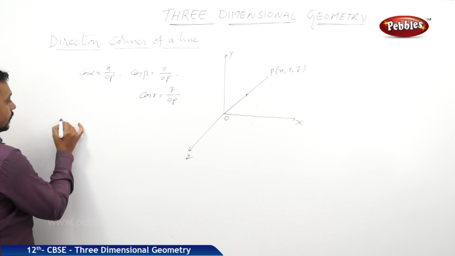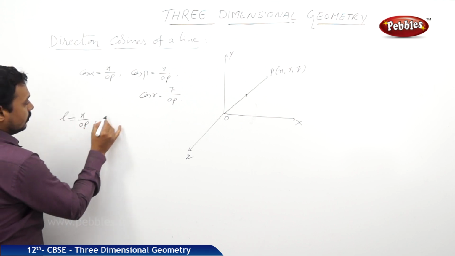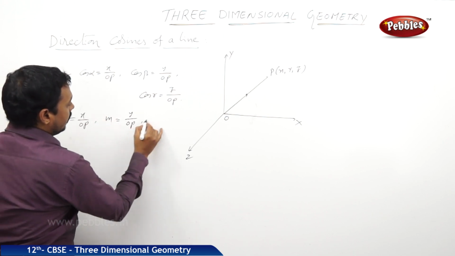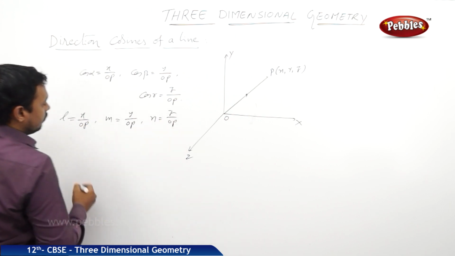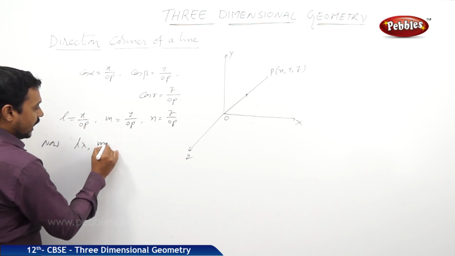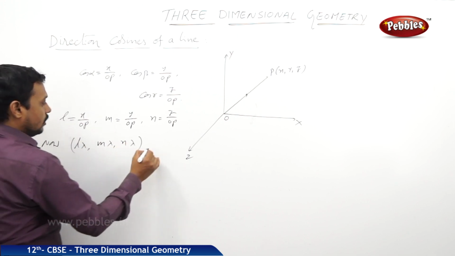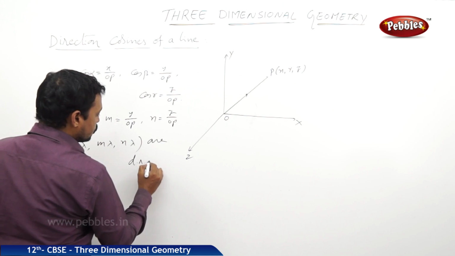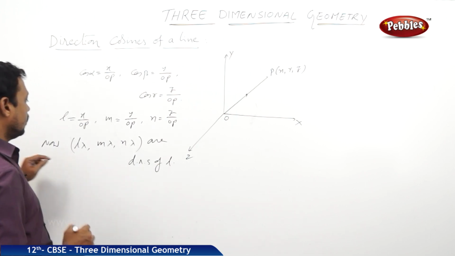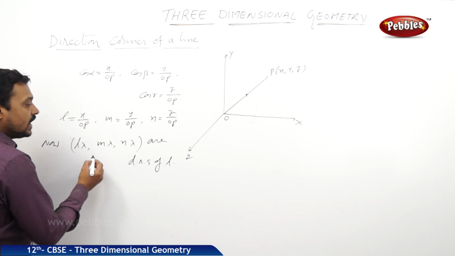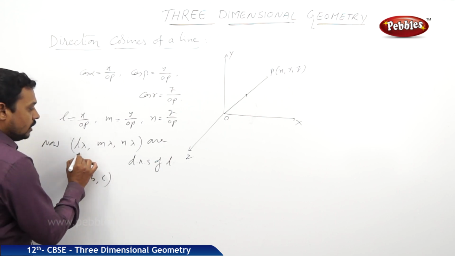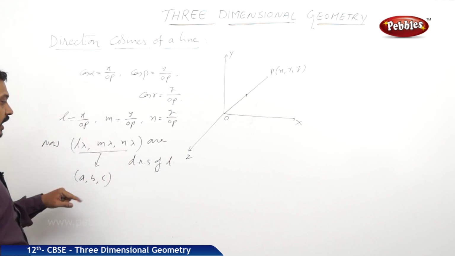For example, if L is equal to x by OP, M is equal to y by OP, N is equal to z by OP, then the proportionate values like L lambda, M lambda, N lambda are the direction ratios of the same line passing through P. Generally, the direction ratios of a line are denoted by A, B, C.